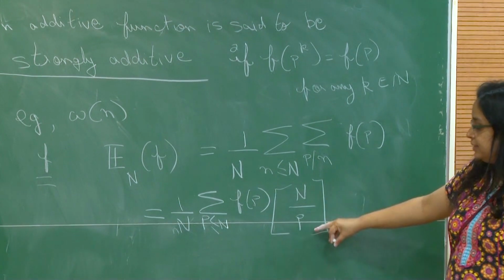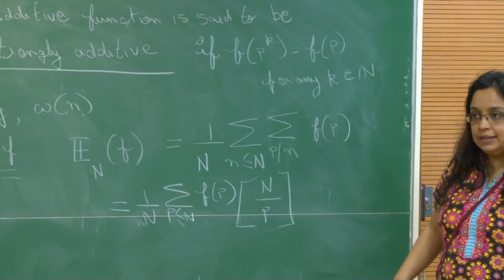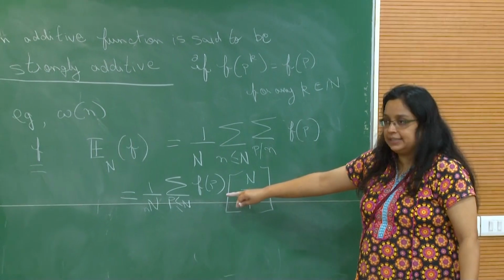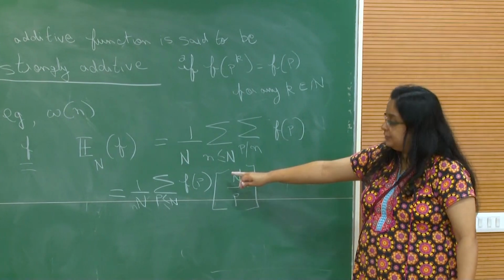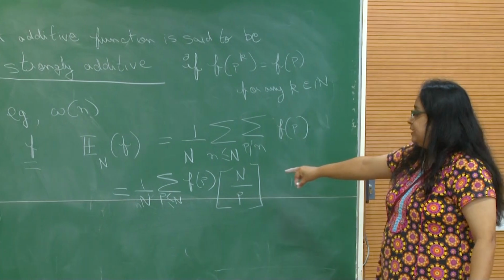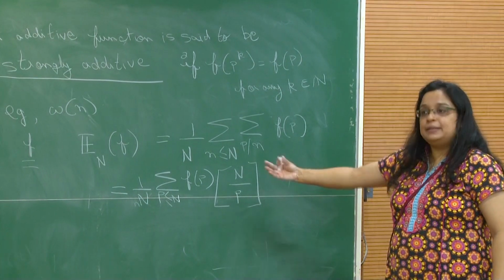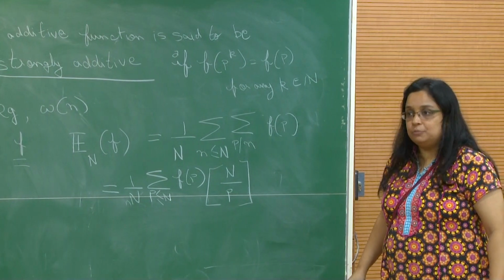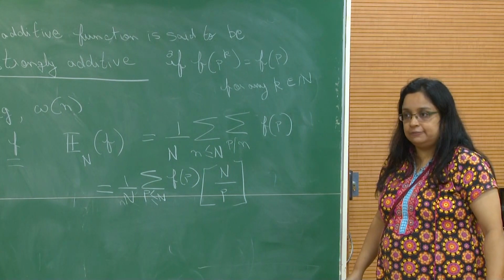This can again be written as N by p plus O of 1, and this gives us a candidate, a generalization of what we have done for the prime omega function. It gives us a candidate for the average order and possibly also the normal order of your function f.